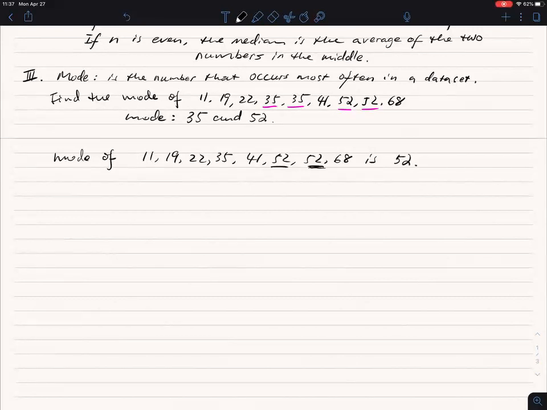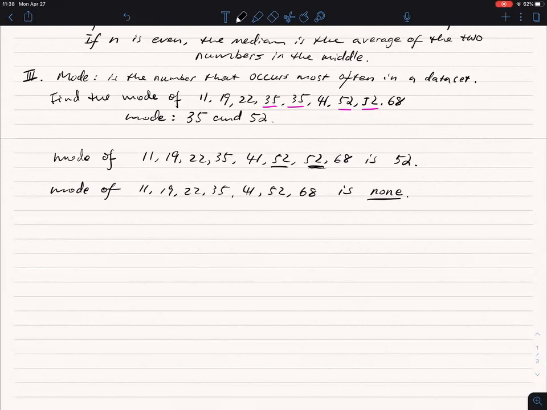Right? How about, let me drop a 52. Then I have 11, 19, 22, 35, 41, 52, 68. Okay, the mode of this data set is? The answer is none. There's no mode here. Every single number appeared only once.